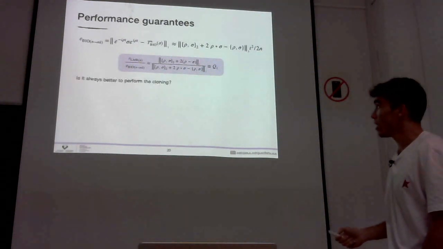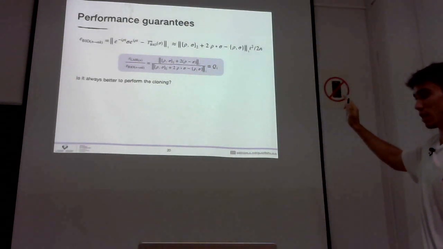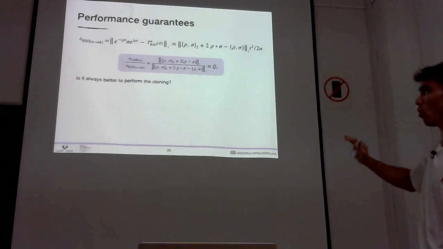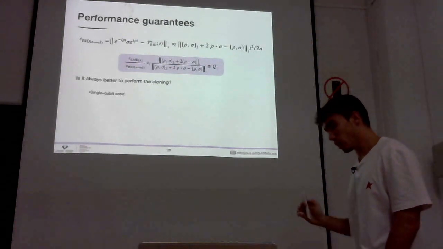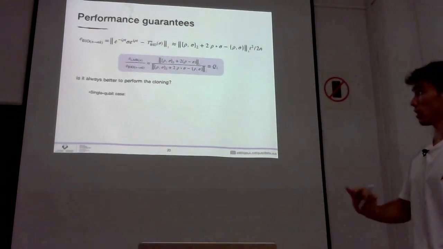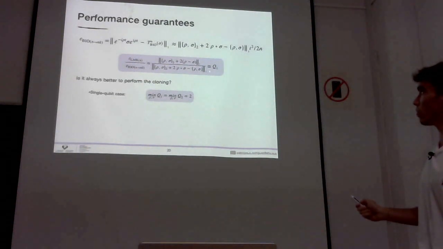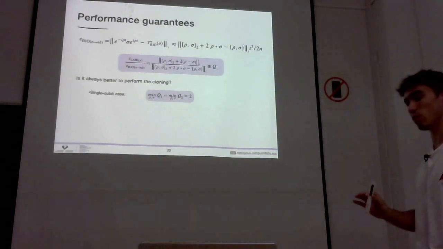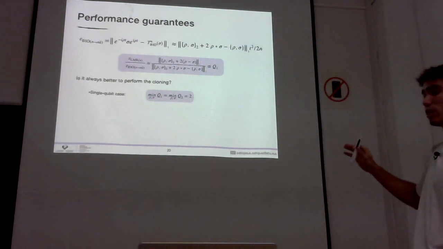So I want performance guarantees. I want to really know if this is worth it or if this is always better. So what we did was study the single qubit case as the first case, and we were able to prove that the minimum advantage using this is 2. We can reduce the number of needed original copies by 2, or we can reduce the error by 2.